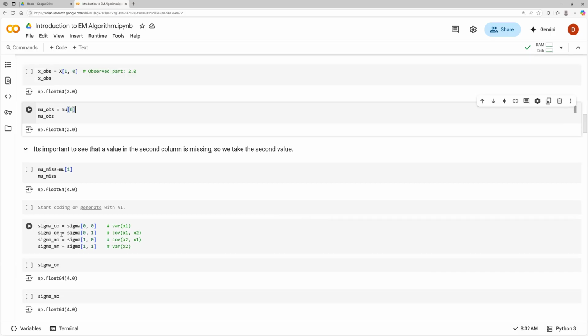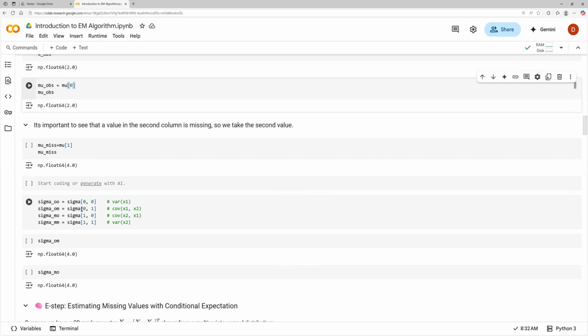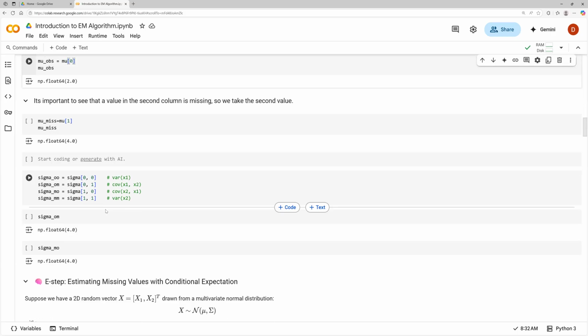This covariance between the missing and the observed is important, because that's something we need to execute the EM algorithm logic.